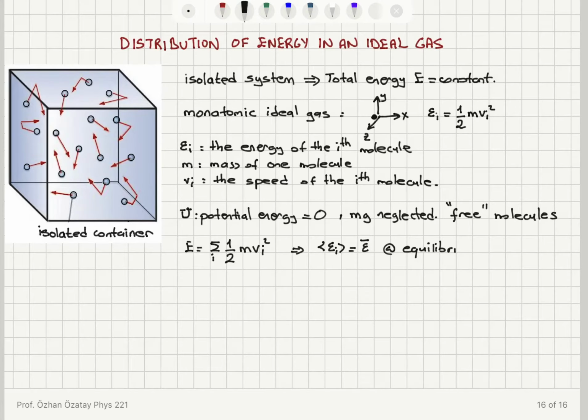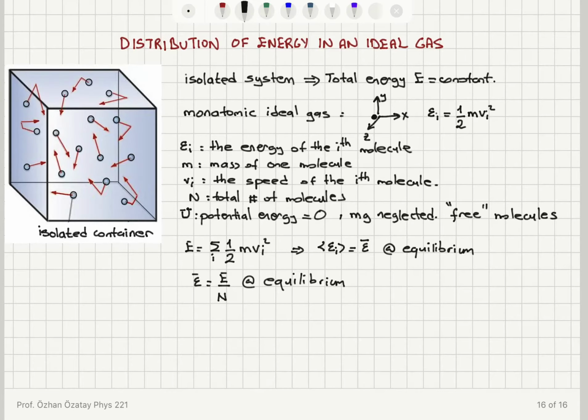So this is my question, how is the energy distributed? The answer is epsilon bar should be equal to the total energy divided by N, the number of molecules. So N, total number of molecules, at equilibrium. This must be the case.